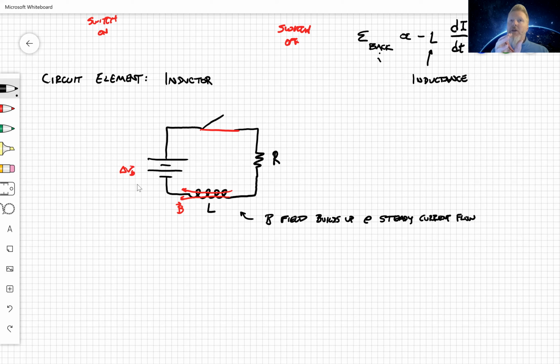And then you could discharge the capacitor through a light bulb and you'd see the light bulb come on because you stored energy in the capacitor, in the electric field of it, right? Well, the same thing's true here. The B field builds up at steady current flow. There is energy stored in the B field.